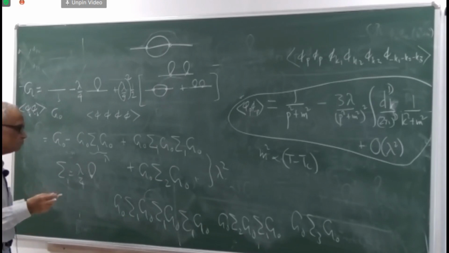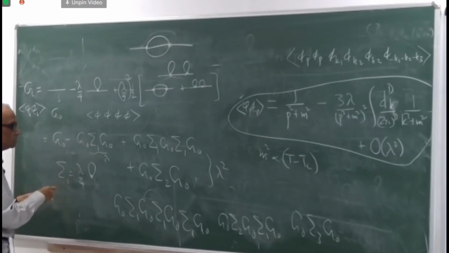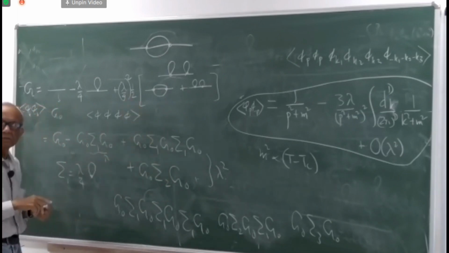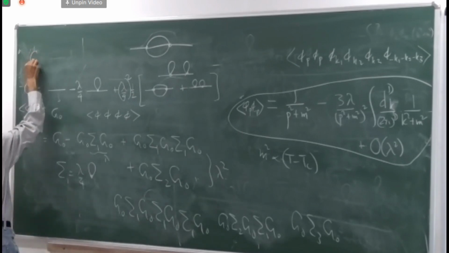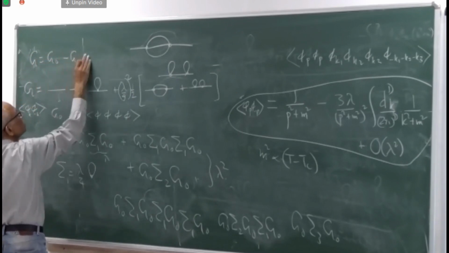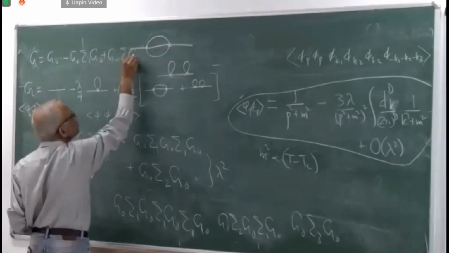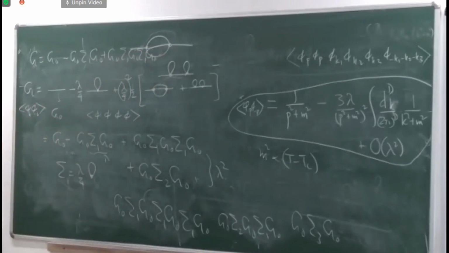So therefore, the whole thing is going to be a GP series in sigma 1 plus sigma 2 plus sigma 3 and so on. The GP series always sums. G is equal to G0 plus G0 sigma 1 G0 plus G0 sigma 1 G0 sigma 1 G0 and so on.